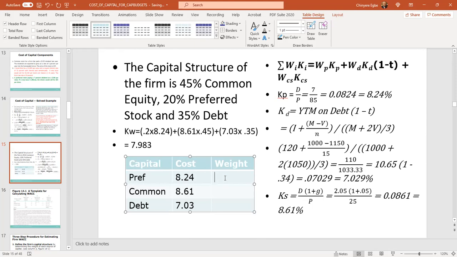And the weight of preferred is 0.20. And the weight for common is 0.45. And the weight for debt is 0.35. So you can prepare a table. And of course, you're going to have a component here where you do the calculation.